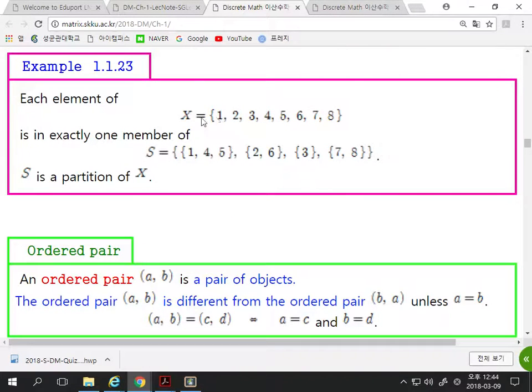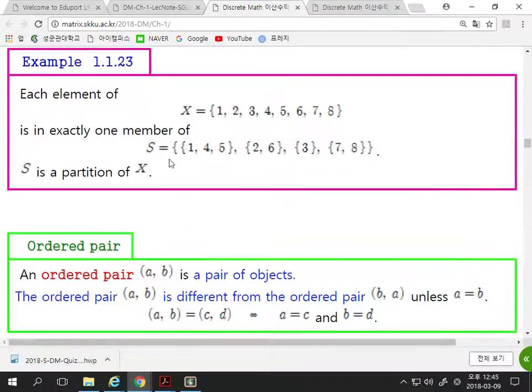So here, like this, you have an 8 element set. Then these 4 sets are pairwise disjoint, and if you find the union of these 4, then that forms the whole set X. So this S forms a partition of the given set X.